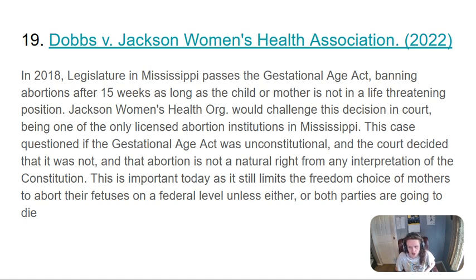This case questioned if the Gestational Age Act was unconstitutional, and the court decided that it was not unconstitutional, and that abortion is not a natural right from any interpretation of the Constitution. This is important today as it still limits the freedom of choice of mothers to abort their fetuses on a federal level unless either or both parties are going to die.